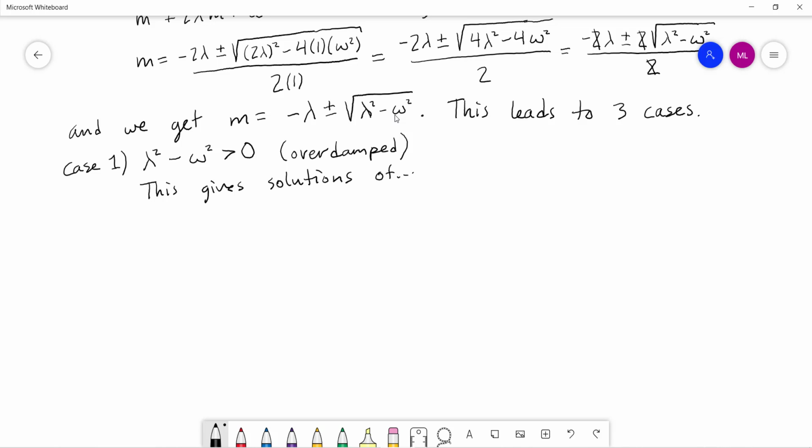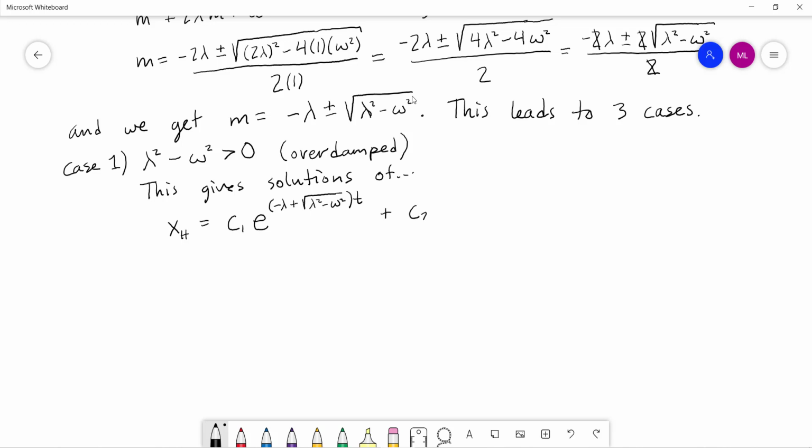The solution, what we were calling our x, or at least the homogeneous part of our solution for x, is going to look like the following. It's going to be c1 times e to the negative lambda plus the square root of lambda squared minus omega squared times t.